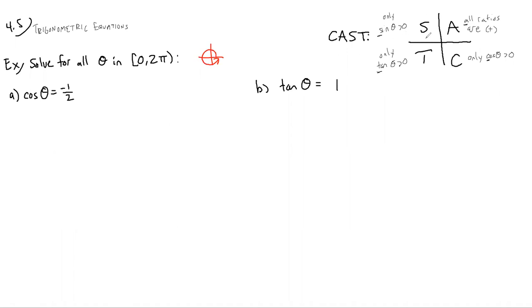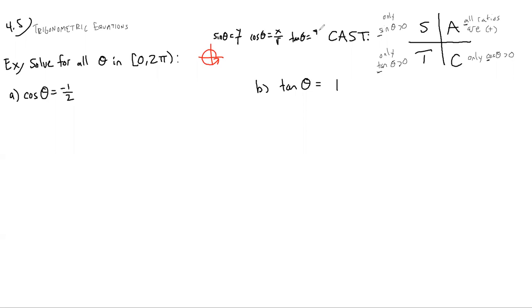So in the second quadrant, which is labeled as S here, only sine is positive. And again, it's all going to come from just rewriting out these ratios, which I'll do. So sine theta is going to be y over r, cos theta is x over r. So cos theta is actually going to be negative in that quadrant because x is negative, and tan theta is y over x.